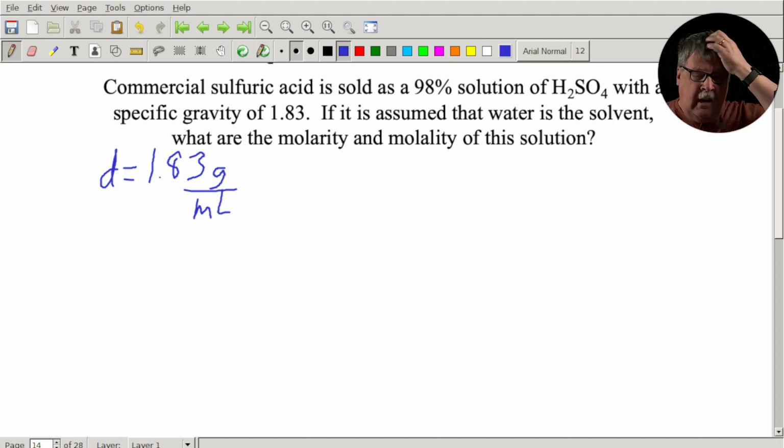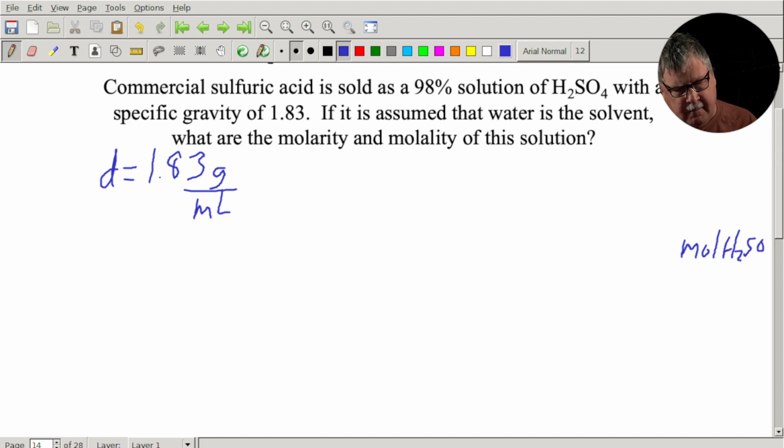So, here's what we want to think about. We want to calculate the concentration of this solution in terms of moles of H2SO4 per liter. Okay, that's one calculation we're going to do.